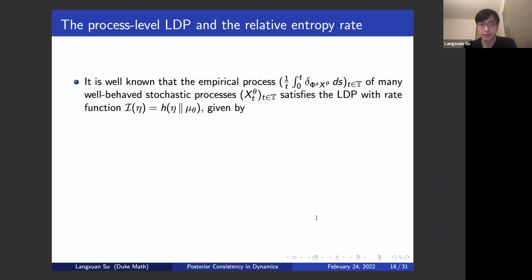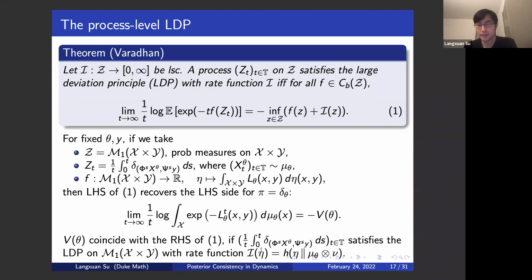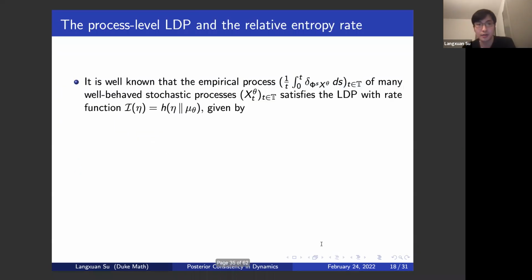Okay, so now what we can do is give a precise definition of what this rate function, this divergence term, is. This also comes from large deviation theory.